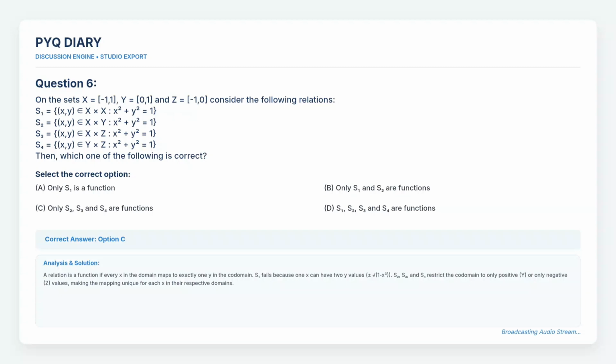S4 equals {(x, y) belonging to Y cross Z such that x square plus y square equals 1}. Then which one of the following is correct? The choices are A. Only S1 is a function, B. Only S1 and S3 are functions, C. Only S2, S3 and S4 are functions, and D. S1, S2, S3 and S4 are functions. The correct answer is option C. Only S2, S3 and S4 are functions.